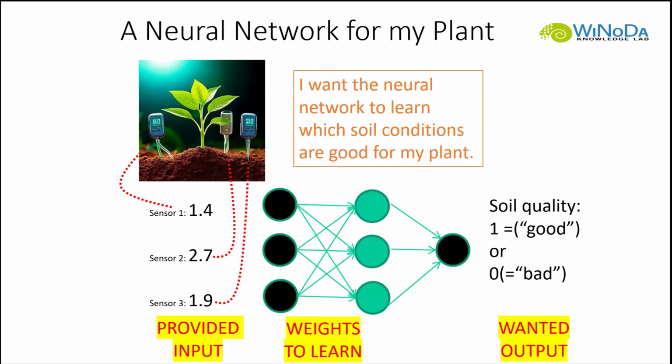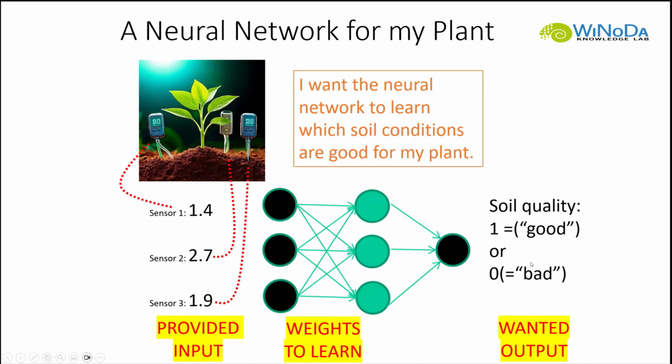Also, just as a reminder, that's what I presented last time as a super simple example, where I want to train a neural network to understand if my sensors in my plants show a particular value, so that the network learns whether the soil condition is either good or bad.